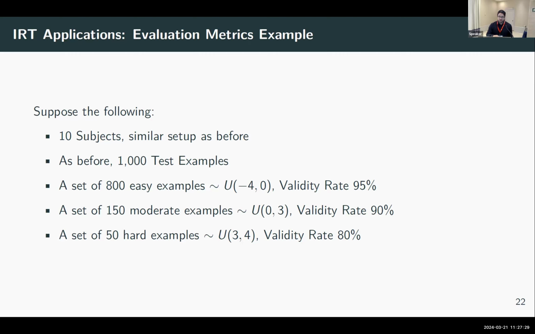In this experiment, I'm varying the validity rate of these examples. The supposition I have about the data is that hard examples are harder to create, so I have both fewer of them, but also a lower rate of getting them correct. That assumption could be right or wrong, but that's the assumption of this particular simulation.